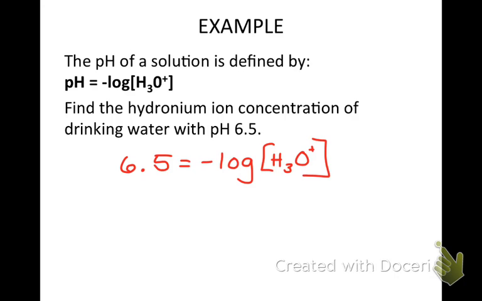How would you solve for this as your variable? We can't just divide out the log, because the log's attached to this. So if it makes it easier, let's turn that into an x, so we don't have to keep rewriting H3O all over the place. We've got to solve for that for x.